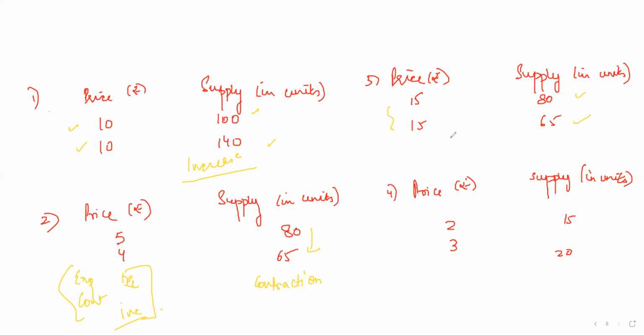The case is decrease, correct? And when there is a price increase because of which supply increases, when there is a price increase from 2 to 3 and the supply increases, what do you call that? You call that expansion. Okay, I hope all these examples are clear. You can quickly go through them once again.